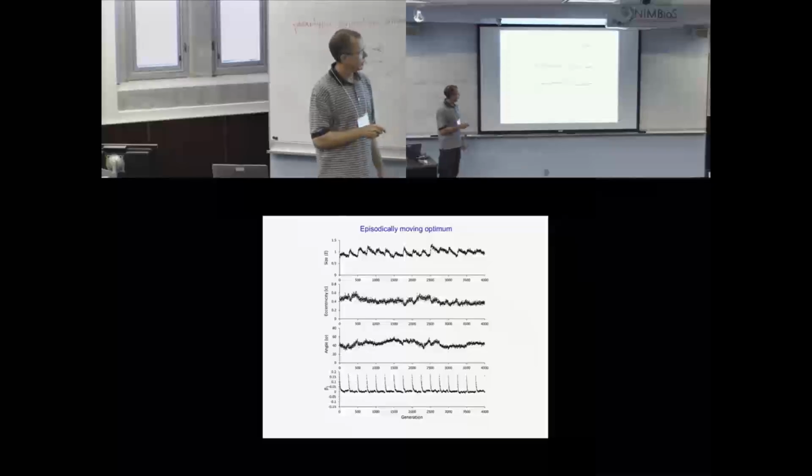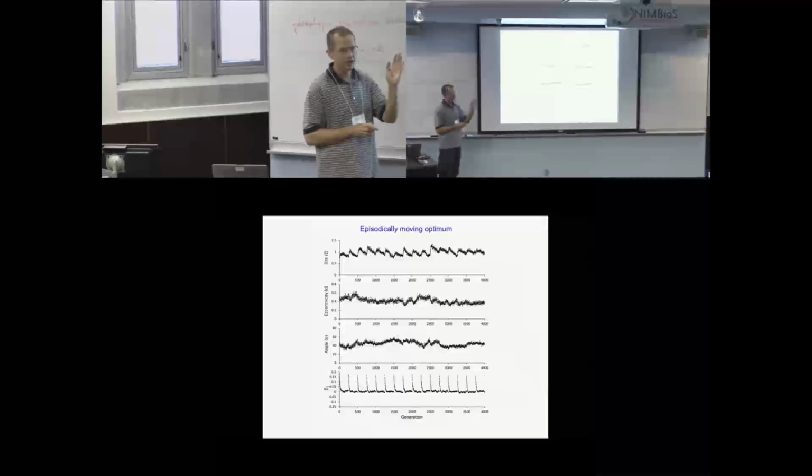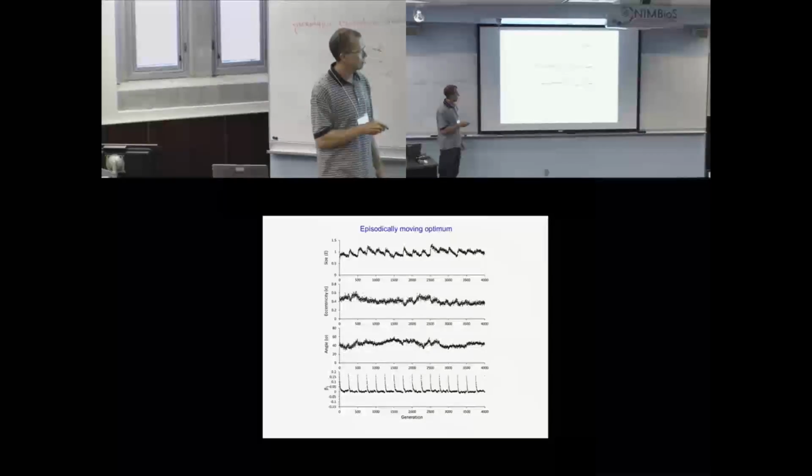That corresponds with these spikes in beta, the strength of directional selection, every time the optimum moves. The optimum moves, and beta is very, very strong right when it jumps. Then gradually, as the mean moves closer to that new optimum, beta gets weaker because it catches up with the optimum. Then it jumps again, so you get strong beta again, and then it gradually catches up, and so on and so forth.